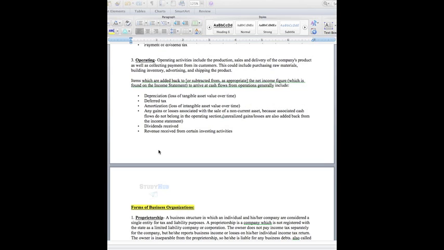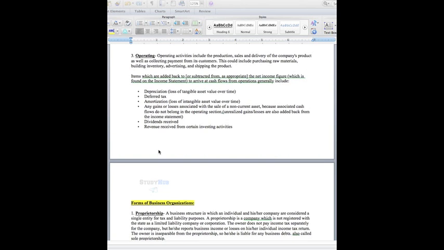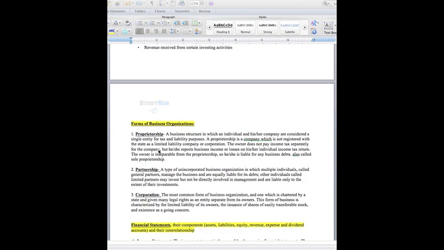Moving on. The three big types of business organizations that you're going to need to know are proprietorship, partnership, and corporation. Let's start first with the proprietorship. A proprietorship is the single simplest way that you could come up with a business.